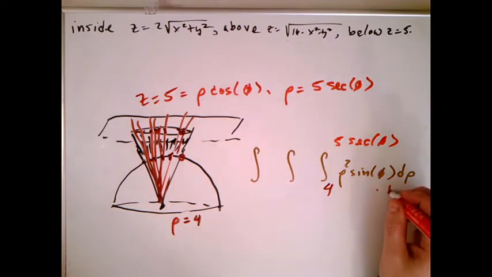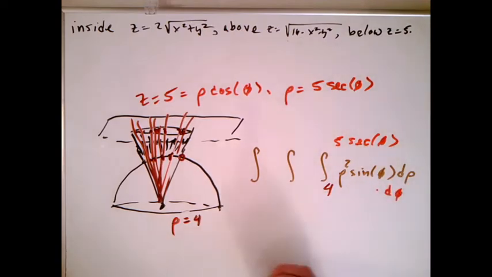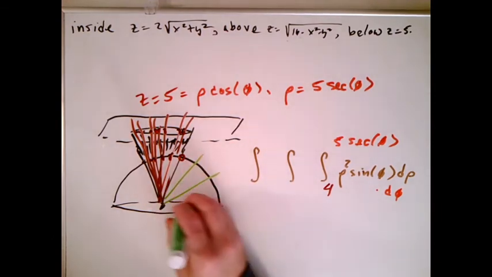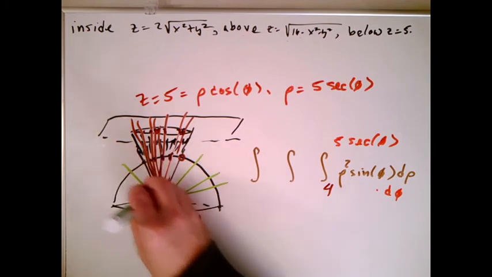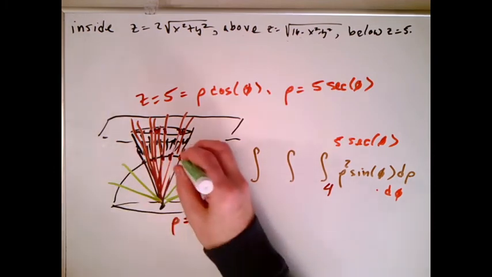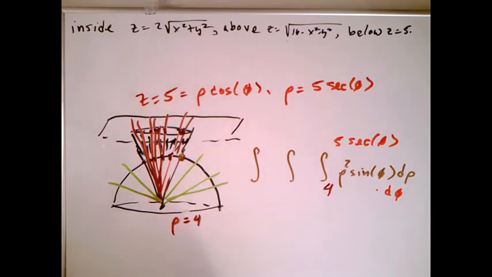I know there's also going to be a d phi. And I want to know what phis I was using as I was drawing all those rays. Well, here are a couple of rays that didn't hit the region, didn't hit the region, didn't hit the region. In fact, the lowest phi can possibly be is right here.